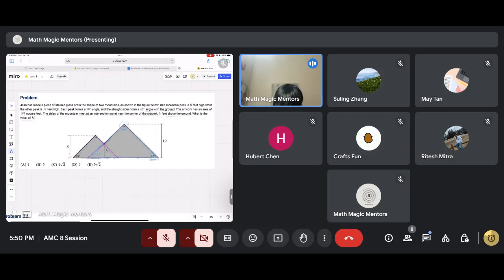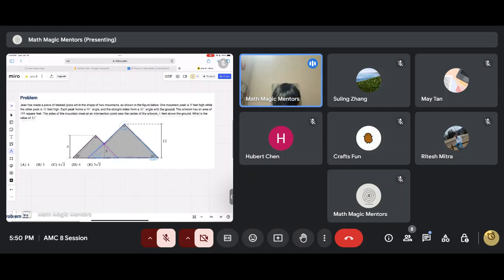So maybe we can try to find the area of this triangle. But as we see, what do we know about these types of triangles that have the same angle here and here? Well, remember what I said last class about the angles and the side lengths opposite to them, right?